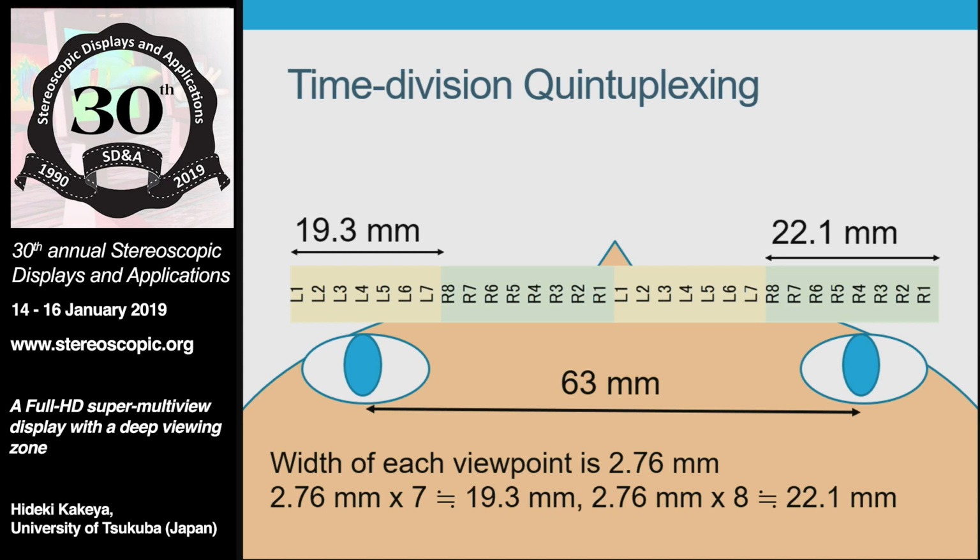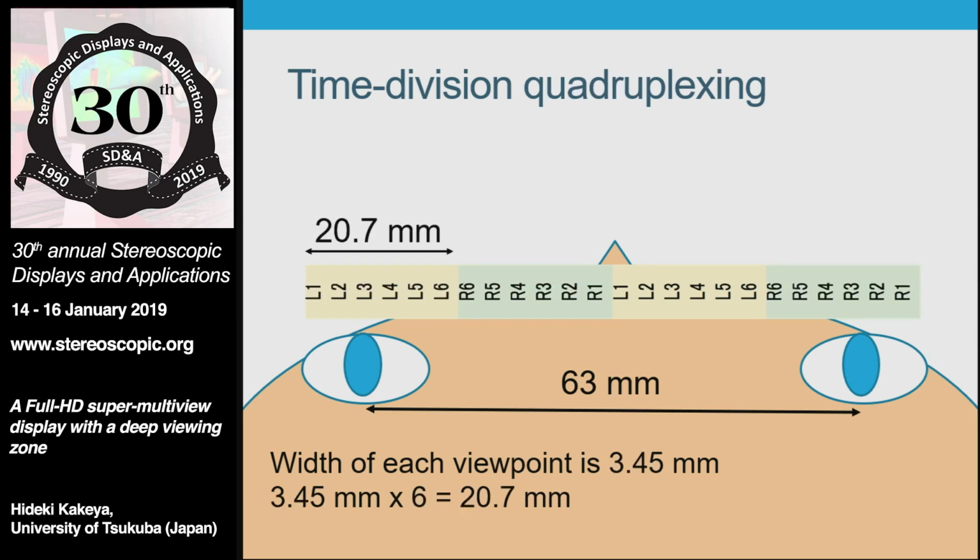Then when we apply quintuplexing, the viewing zone for each eye is almost the same. With quintuplexing, the number of viewing zones is 15, which is 3 times 5. The width of the viewing zone for the left eye and the right eye is not the same, so it's a little unbalanced, but we can still secure the same viewing zone for the left eye and the right eye. The average depth is the same.